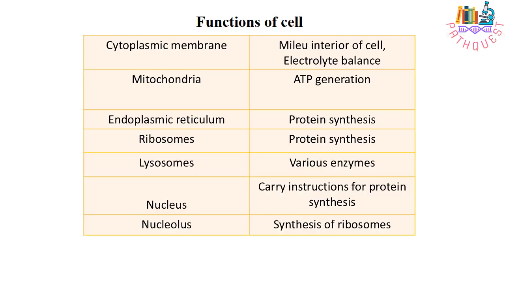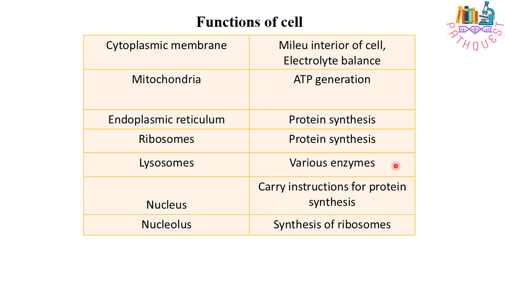So let's quickly review the functions of different components of the cell. Cytoplasmic membrane is responsible for maintaining the milieu interior of the cell and maintaining electrolyte balance. Mitochondria are responsible for ATP generation. Rough endoplasmic reticulum is mainly responsible for protein synthesis with the help of ribosomes, whereas smooth endoplasmic reticulum is responsible for lipid synthesis.